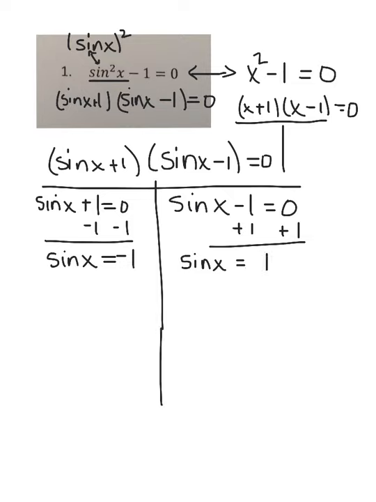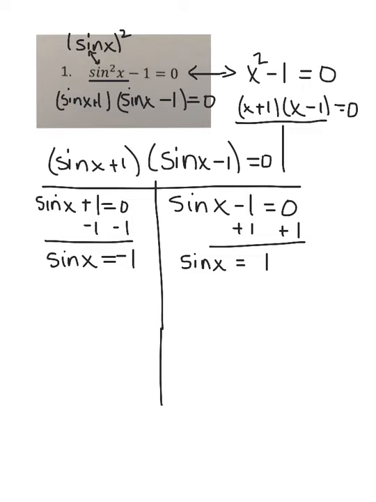Okay, so remember, this is just simply saying what angle has a sine that's negative 1. And this is saying what angle has a sine that's positive 1. So you won't find that in your 30, 45, 60 chart because those are all fractions, right? So that should be in your unit circle.